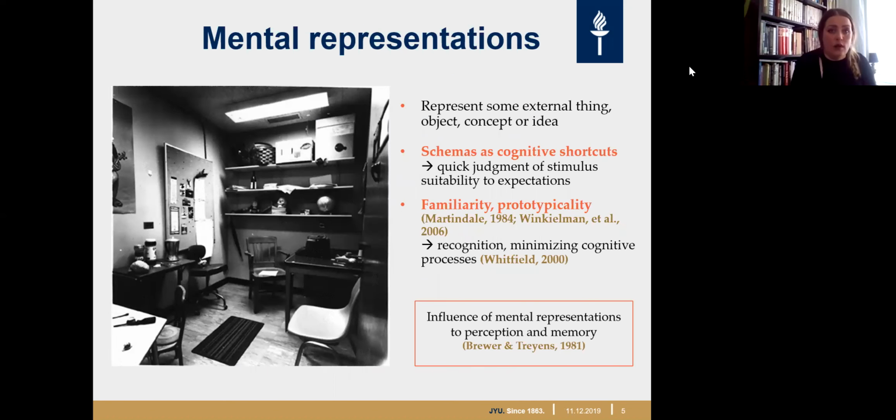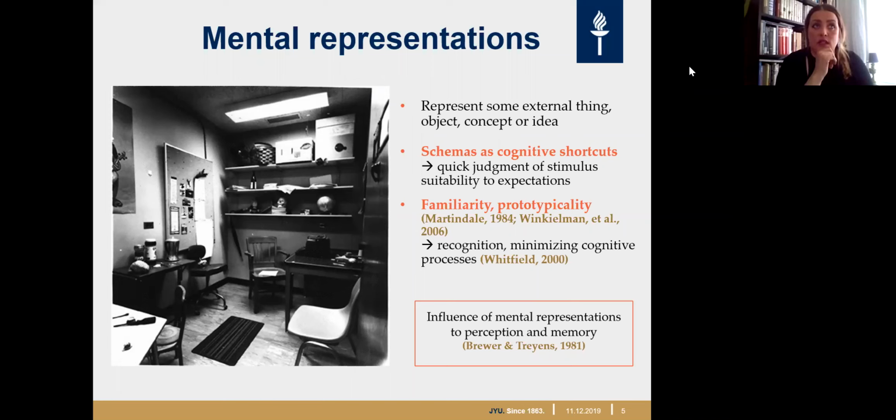Then one important aspect about cognition and cognitive processes are mental representations. Mental representations are also sometimes termed cognitive representations, but mental representations is a much more established concept. And mental representations represent some external thing, object, concept, or idea.